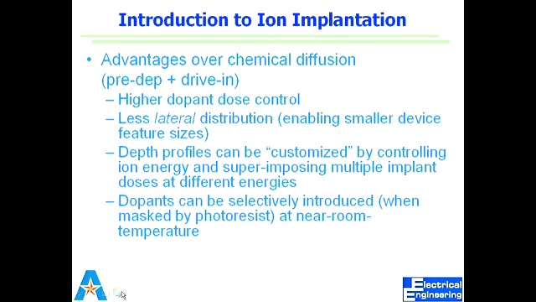Of course, there will be collisions, and that's what causes them to come to rest at a certain depth. But much more travel is vertical than lateral in this case. And we can control the profile by controlling energy and doing multiple implants at different energies.